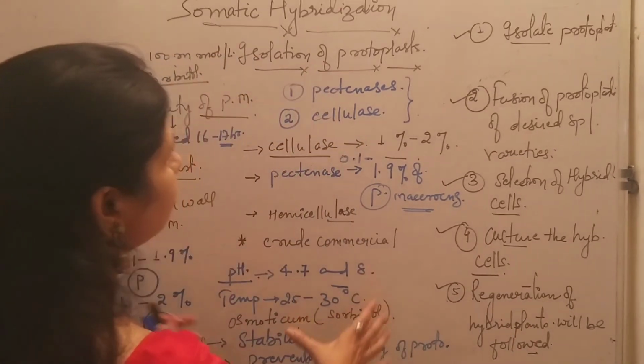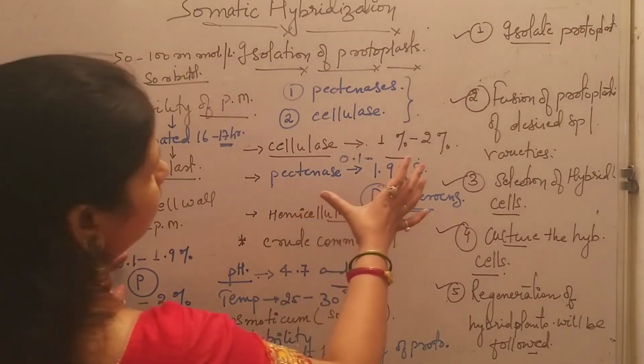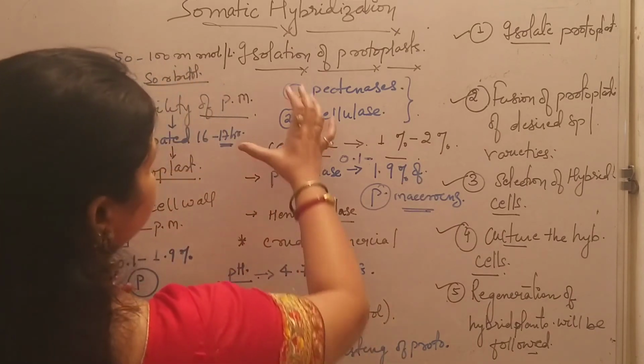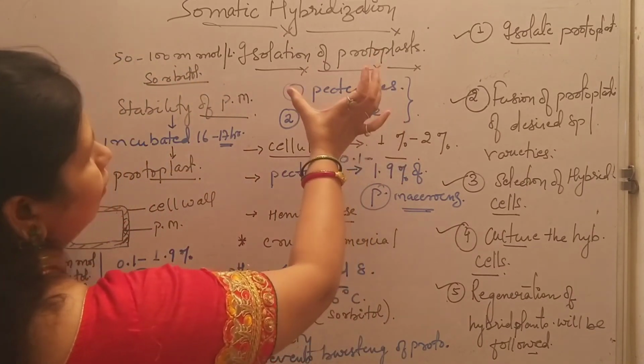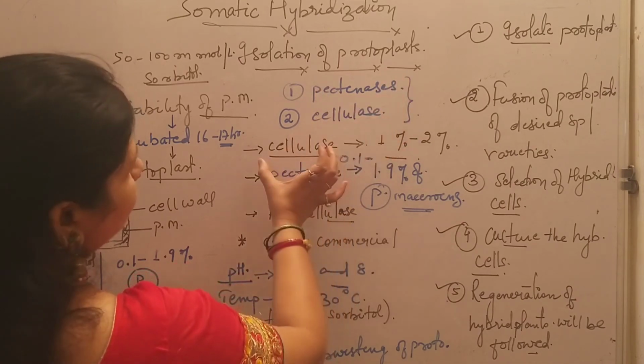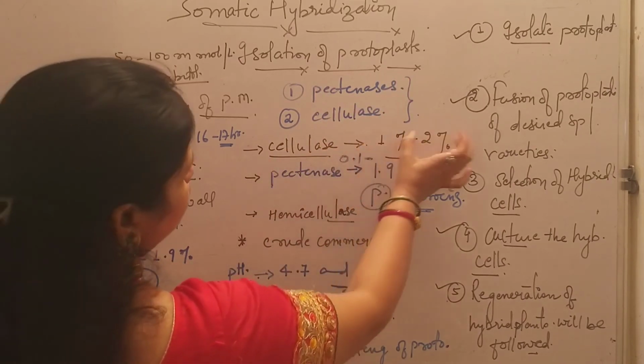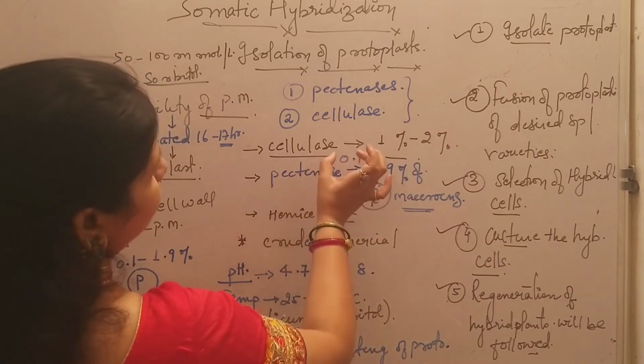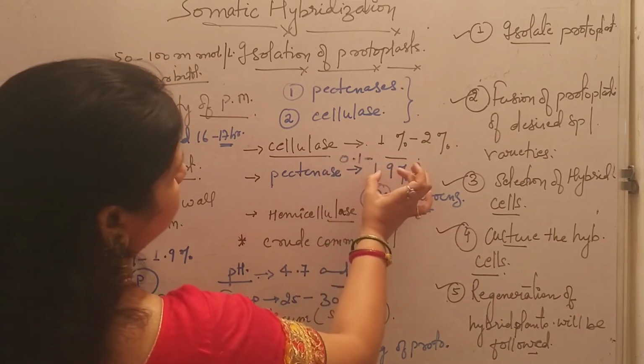So this is the basic process to get the isolated protoplast. In brief, I am just revising all. First, we use cell wall degrading enzymes in the form of pectinases or cellulase. Cellulase percentage will be 1 to 2%, pectinase 0.1% to 1.9%.